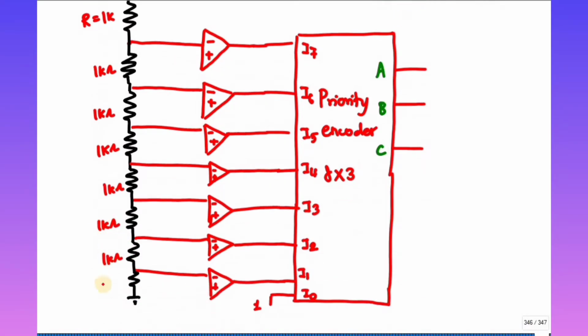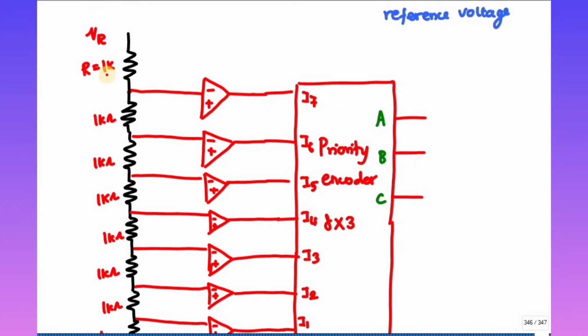If I apply the voltage divider rule, what is this value? This is 1 resistance followed by 7 resistances connected in series, so it is 7k, right? This is 1k.